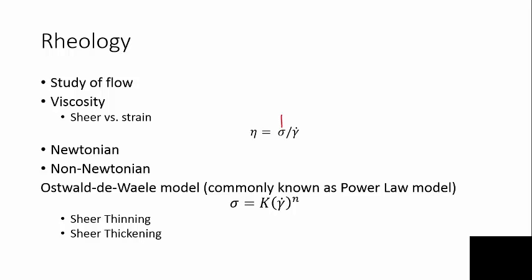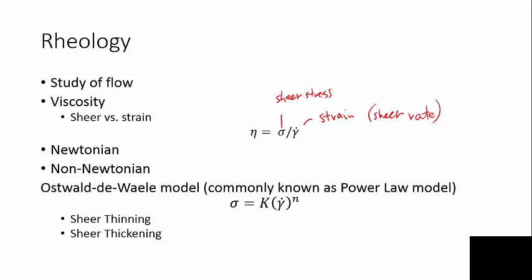This is the symbol for shear stress, and this gamma with the dot is the symbol for strain or shear rate. So the shear stress, or the force, divided by the rate is the viscosity.